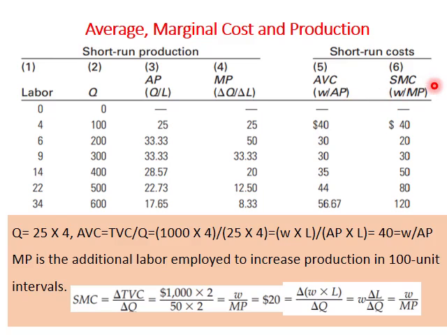And here short-term marginal cost will be calculated as wage divided by marginal product. Marginal product is this one, and wage is given, that is 1,000. So we can calculate like this.